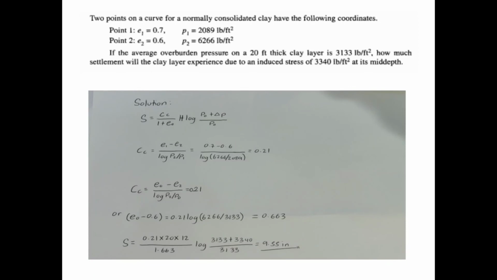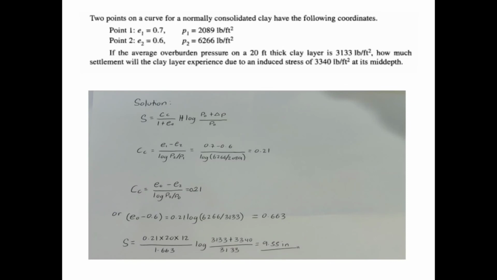So first we have to get the compression index. The formula for compression index equals e sub 1 minus e sub 2 over log P sub 2 over P sub 1. Then distribute the values. We have 0.21 for compression index.